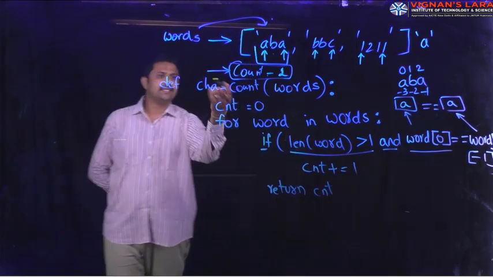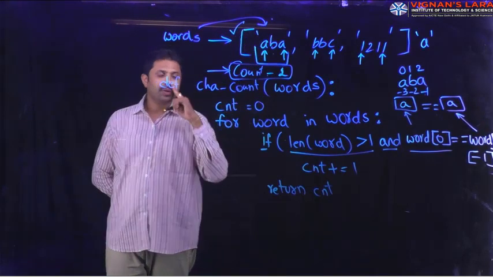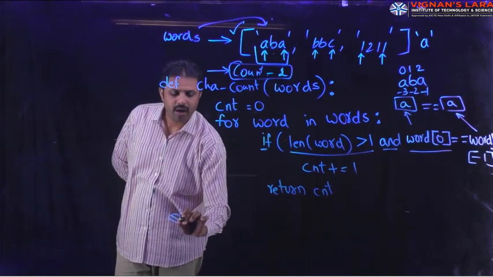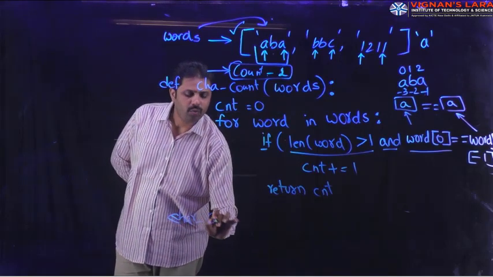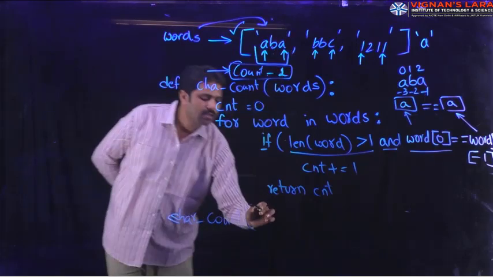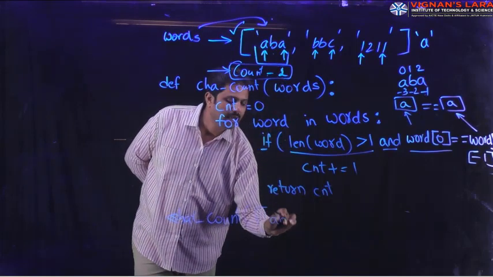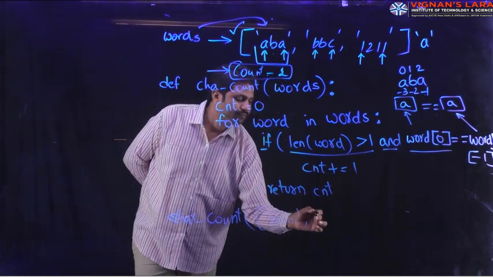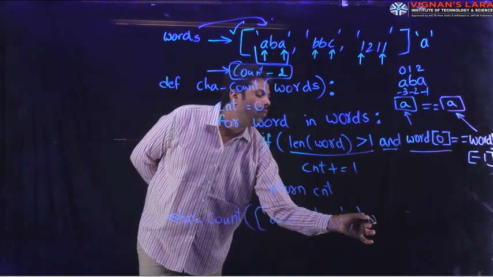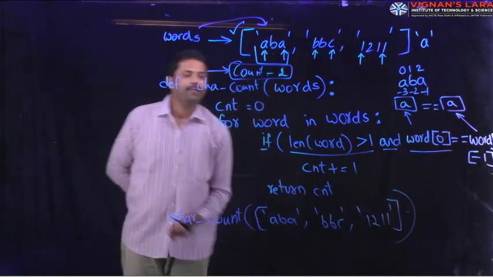Now pass this list to the function. So here we have char count equal to the function called with this list: ABC, ABA, next BBC, comma, 1 2 1 1, 1 2 1 1.